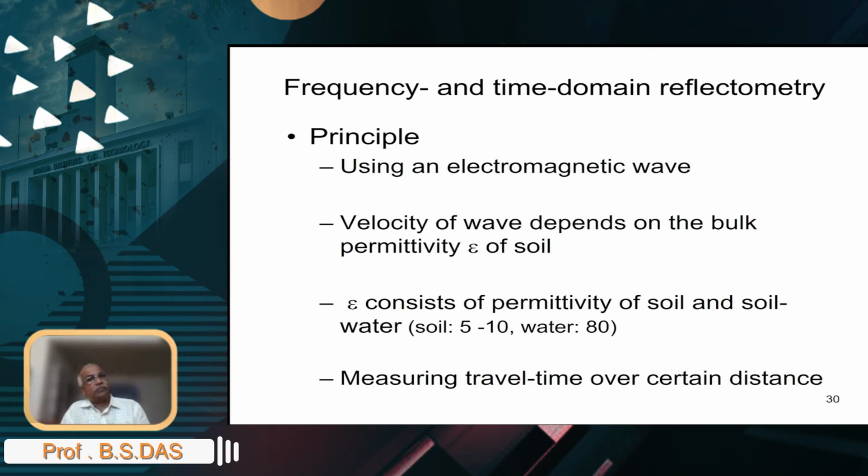So water mixture, and where water gets polarized, and so in the process you will be able to see a change in the overall dielectric permittivity, dielectric constant of the soil.